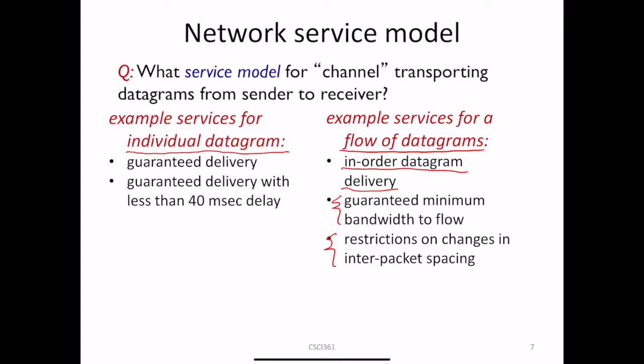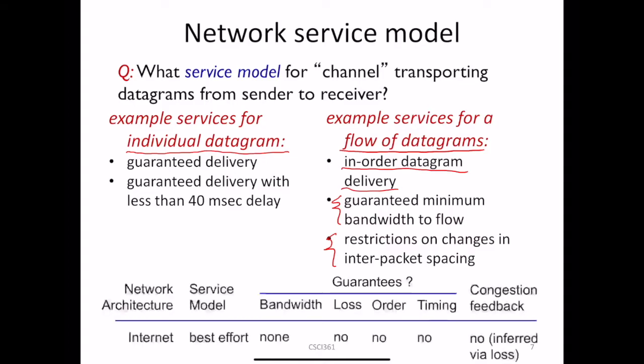But let's see what the reality is. The service model provided by the network layer is best effort. So we already talked about the best effort. What's the meaning of best effort? It just does its best for the network layer. Actually, it cannot guarantee anything.